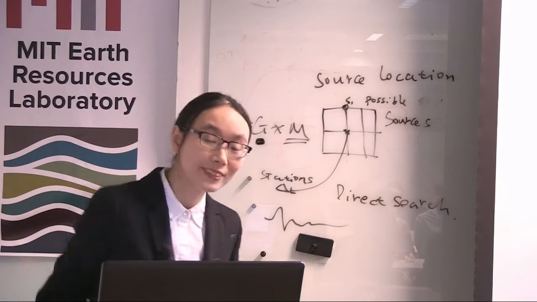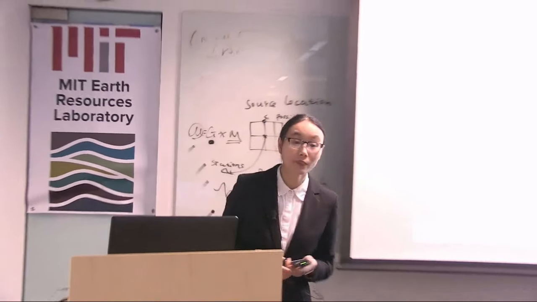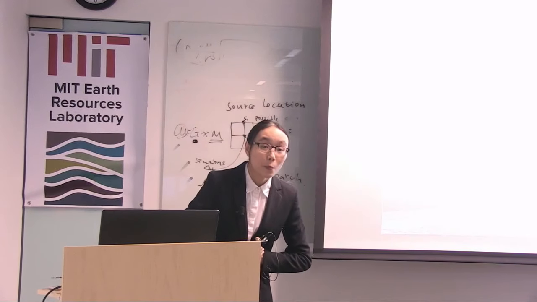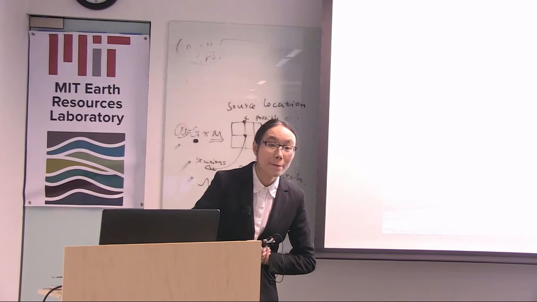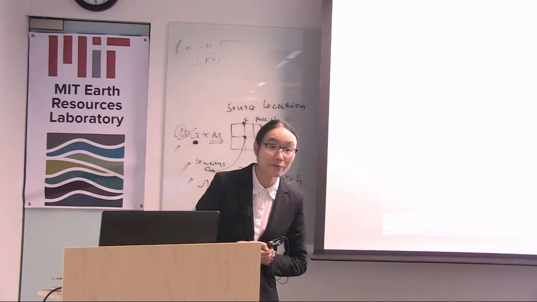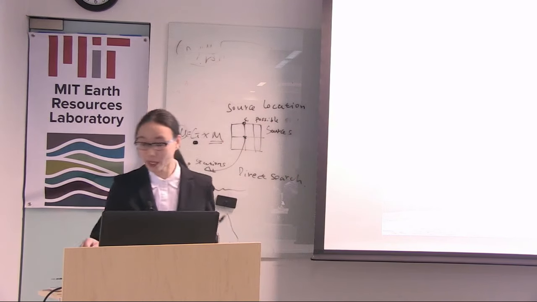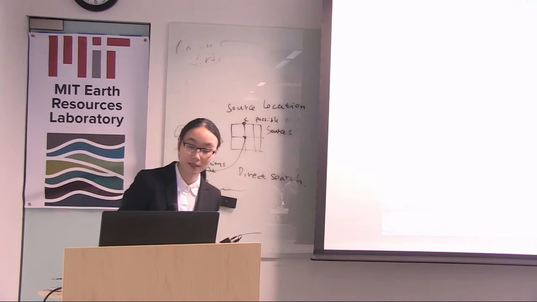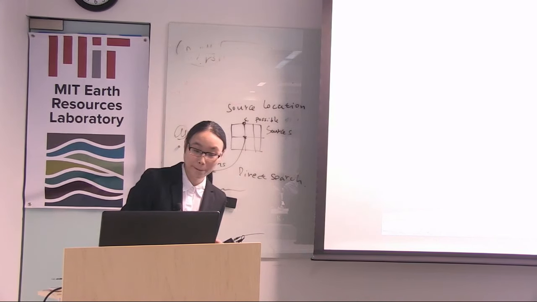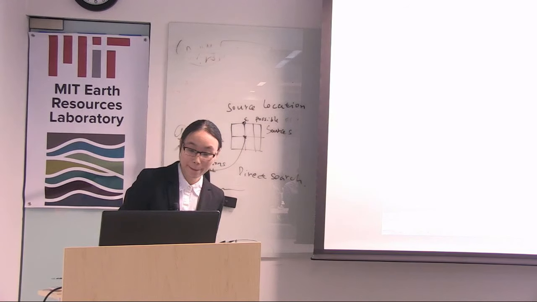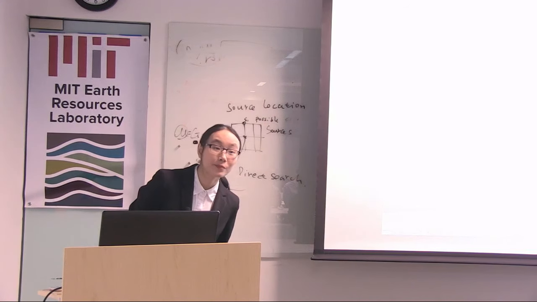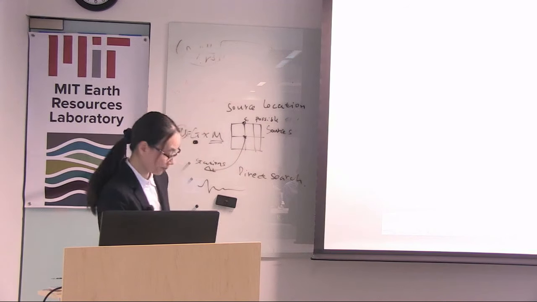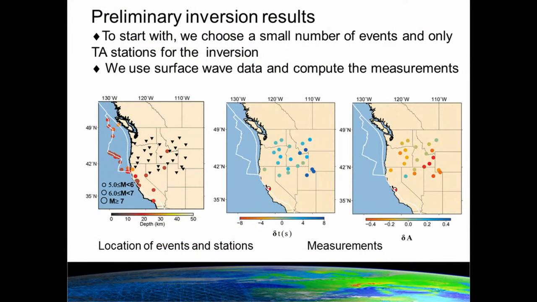Another question. For your Western US model, are your events all located within your model grid? My events? Okay, so you account for all of the structure between the event and station within your inversion?